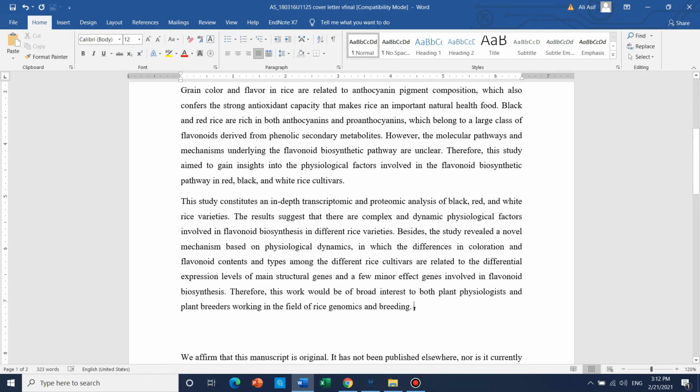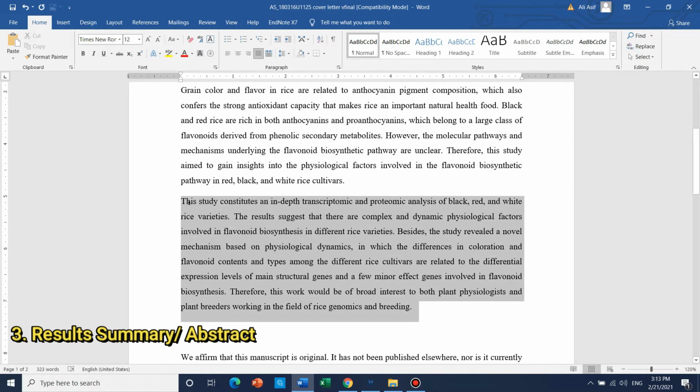This is the third part. The third part is similar to a summary of the article or manuscript. You can say it is similar to the abstract, but not exactly the abstract.